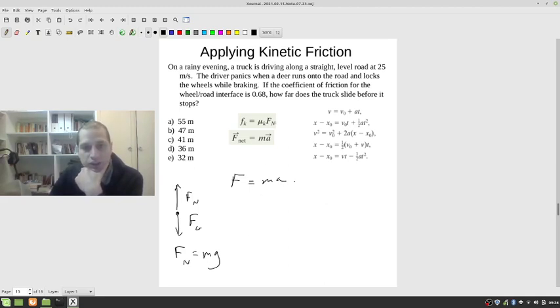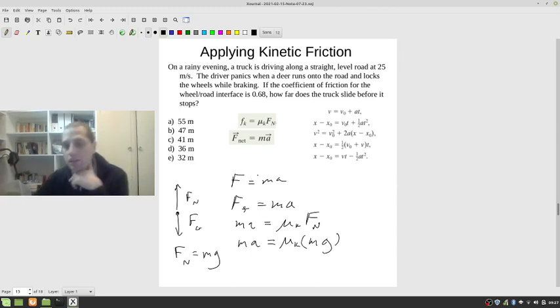And the thing causing the acceleration in this case is going to be the frictional force. So the force of friction is ma, and so that ma is going to be mu times the coefficient of kinetic friction times the normal force. So ma equals mu k times mg.